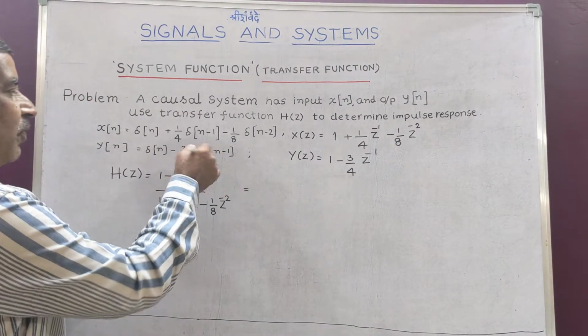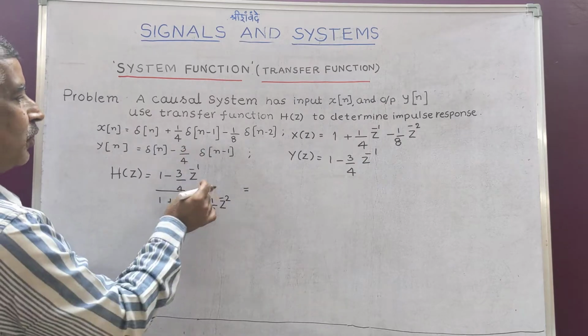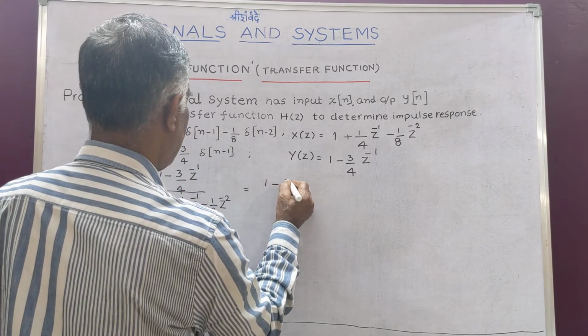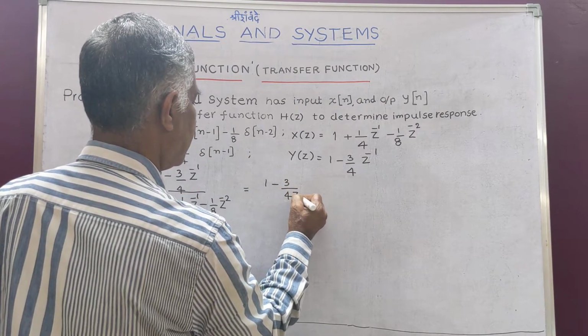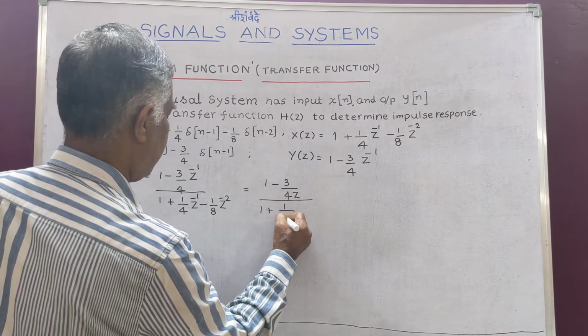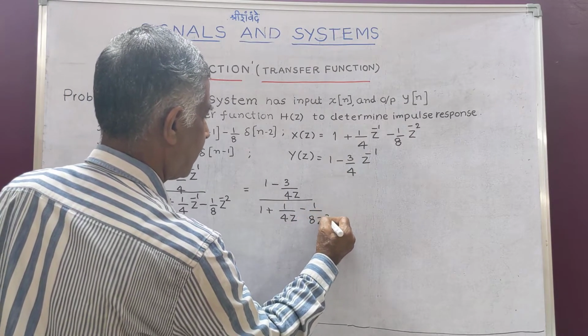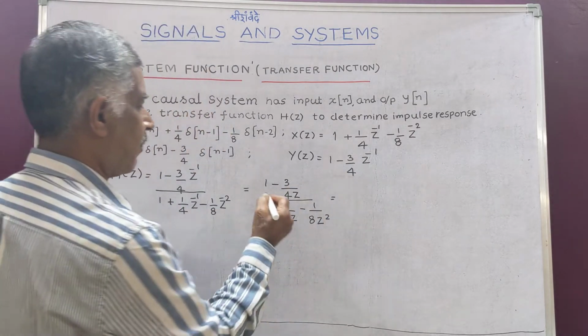Now negative powers of z, let us convert into positive powers of z by shifting to the denominator. 1 minus 3 by 4z divided by 1 plus 1 by 4z minus 1 by 8z square equals, take LCM.